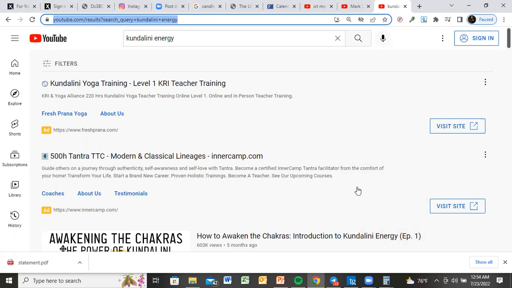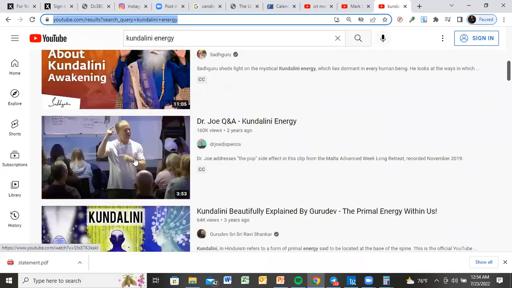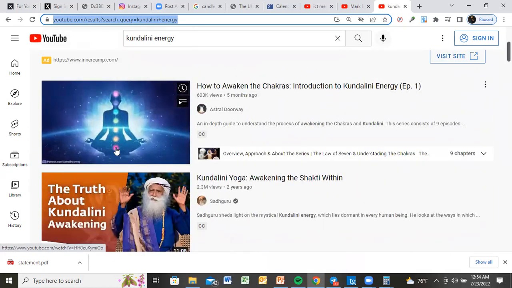I want to touch on another little topic that has nothing to do with trading, but has to do with that. The reason the porn industry is free is that they're constantly bombarding you with sex this, sex that, everything has to do with sex, because they're trying to take your energy away. If you look at this picture right here for the chakras, you have your root chakra, which is down here.